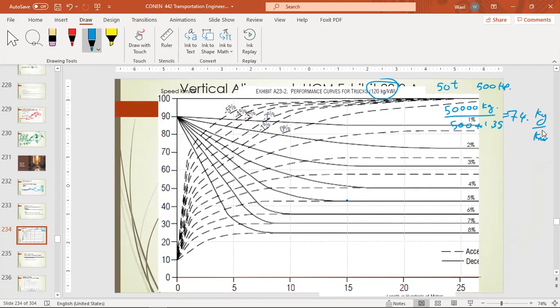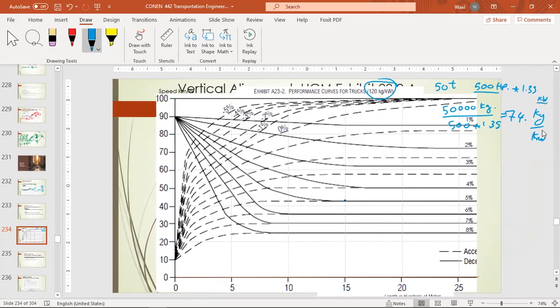I converted the horsepower by multiplying it by 1.35 to get kilowatt.